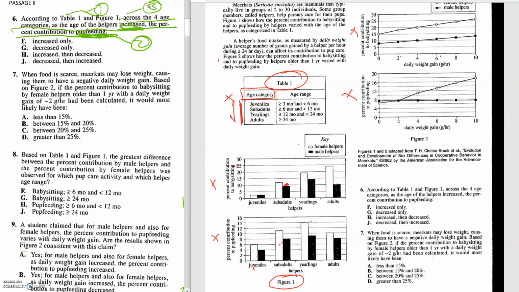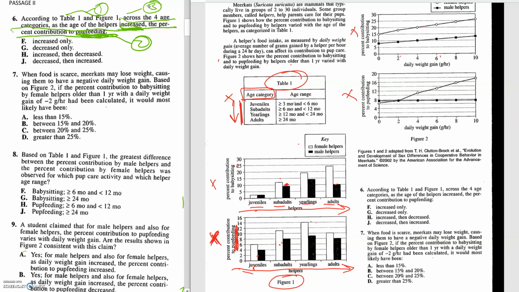So they're getting older as they go down here. As the age of the helpers increased, so we've got juvenile, sub, yearlings, adults, so they're getting older as they go here. So we need to know what's happening as, oh, and it's just pup feeding, okay. So I should have done step 2 first. It's pup feeding. So we're just looking at this one here.